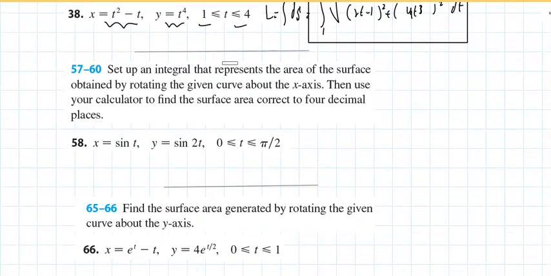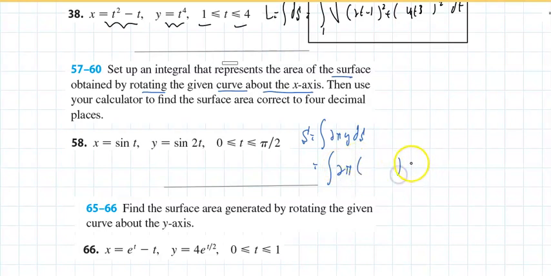Just like that. And what if I wanted to find or set up an integral to find the surface obtained by rotating the curve about the x-axis? The integral of 2 pi y ds. And let's see how challenging this is. 2 pi, it's with respect to t. T equals 0 to pi over 2.